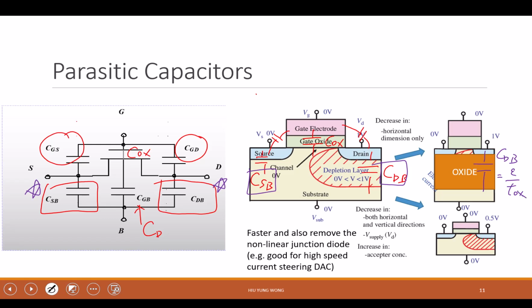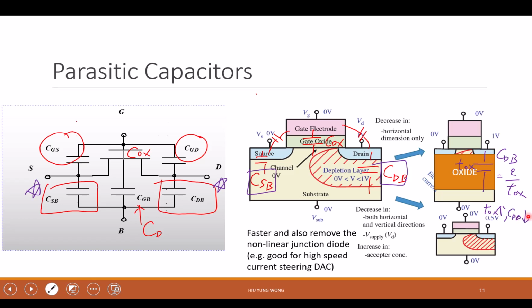And this insulator is thick. If you rely on the depletion layer, they are relatively thin. But with this one, I can have a thick TOX. So as a result, when TOX increases, then the capacitance CDB reduces.